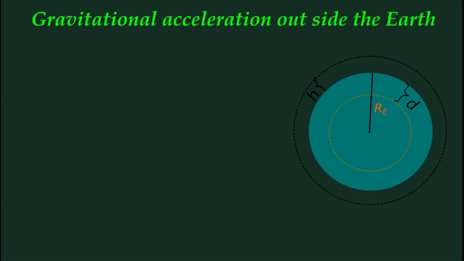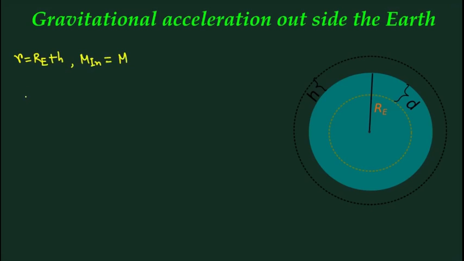Similarly, we can find the gravitational acceleration outside the earth using Gauss law. In order to do that, we draw a spherical surface at the height h. In that case r equals RE plus h, and m inside will be the mass of the earth.